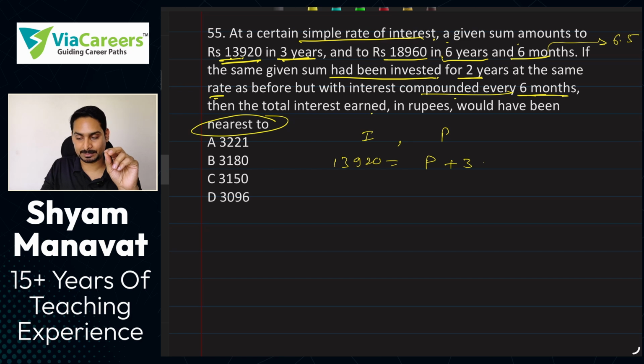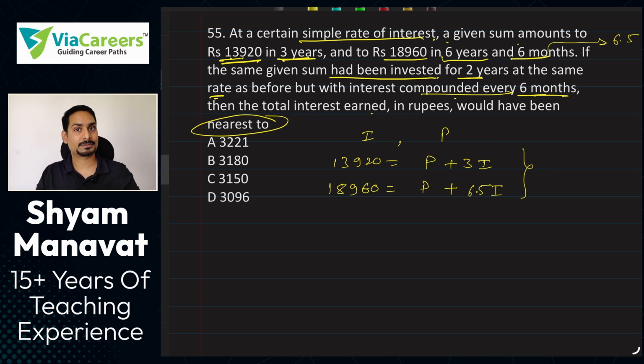In simple interest, the interest remains the same for each year, correct? And this other amount is 18960, which will be P plus, for 1 year interest I, then for 6.5 years, 6.5I. This equation is possible in case of simple interest.